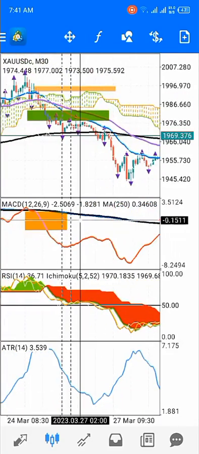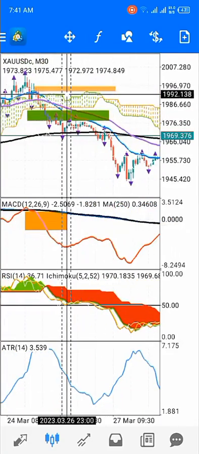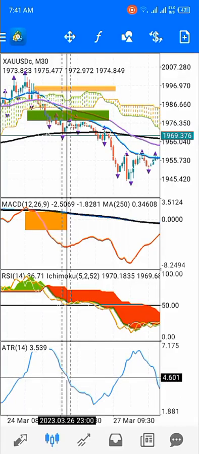The average true range value at the particular time of placing your trade is added to or subtracted from the stop loss level. If the stop loss is at the top of the cloud, you add the average true range. If the stop loss is below the cloud, you subtract the average true range.